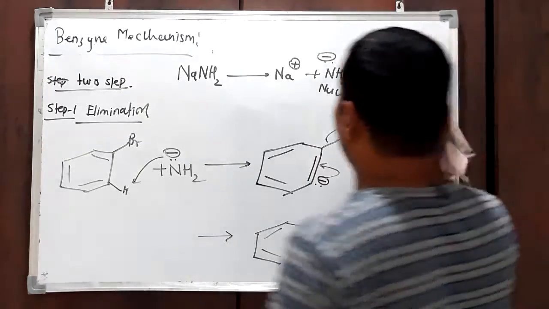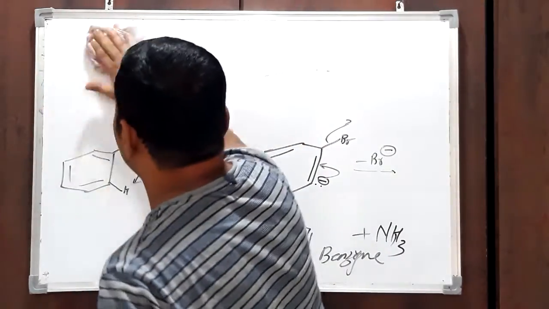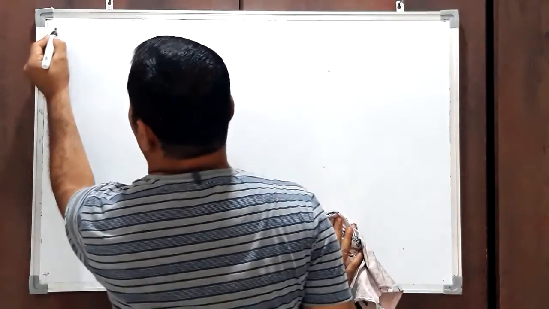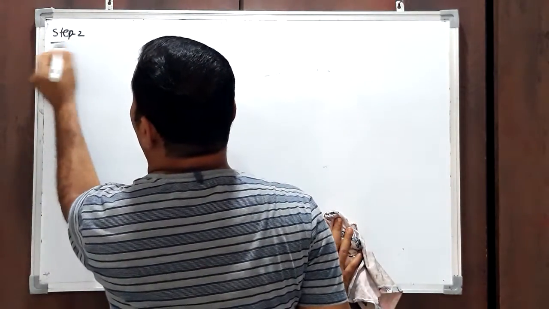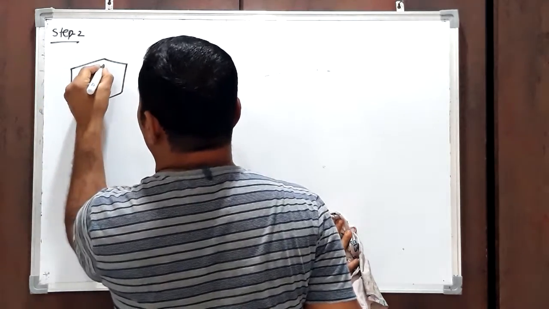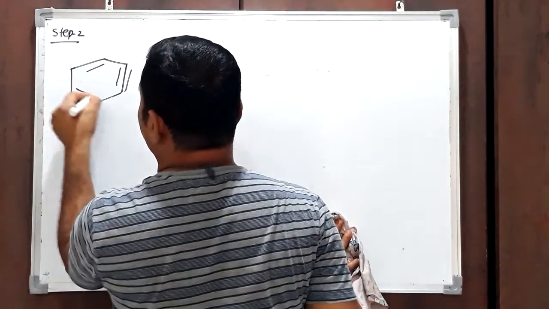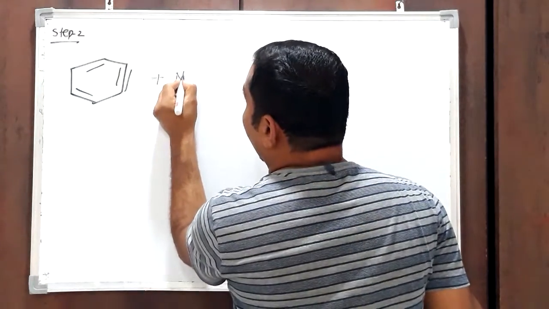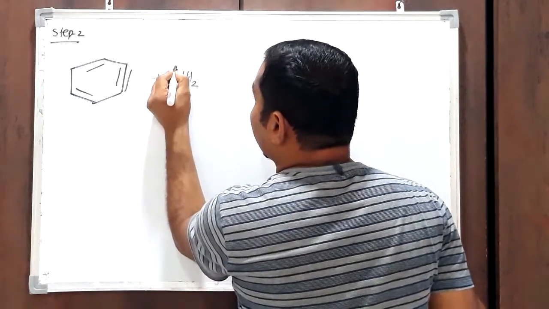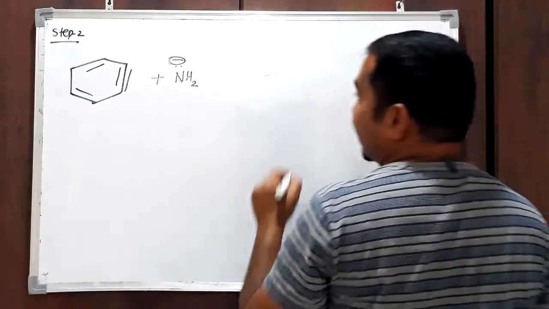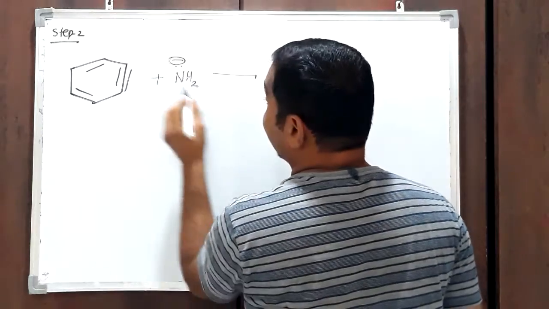Then in the next step, step 2, again a second species of NH2 minus will attack.